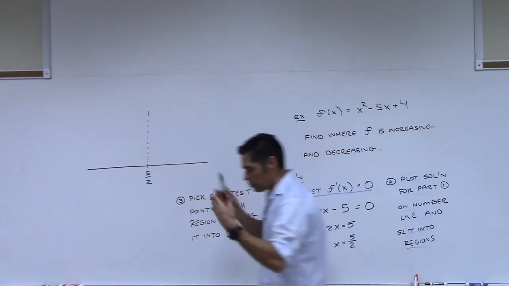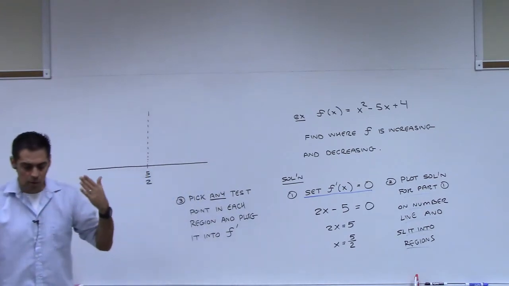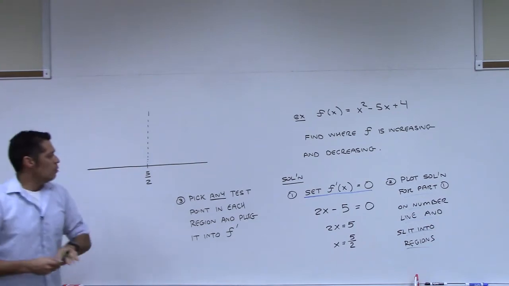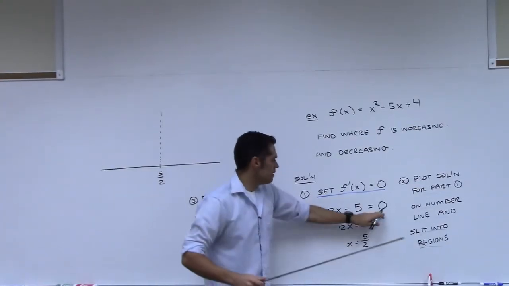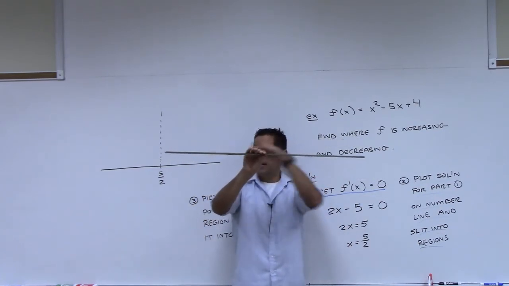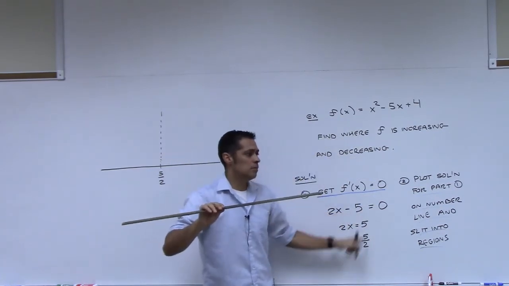So let me try and again explain what we're thinking here. The thought is this. We ultimately want to know where the function is going up and down, right? What we've determined is that the slope of the tangent line at 5 halves is flat. It's 0.